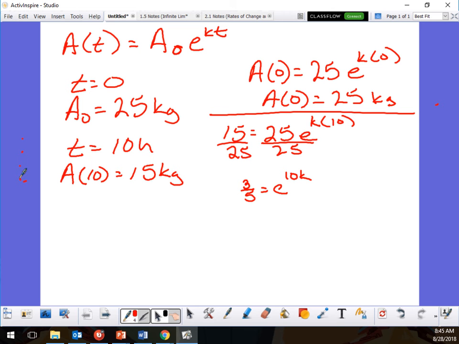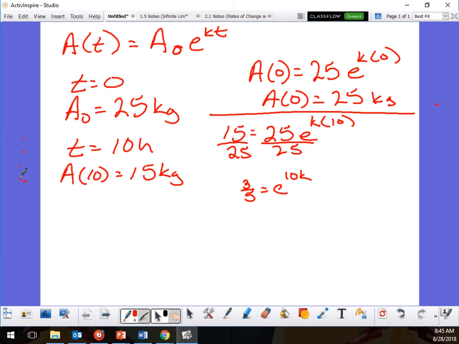What undoes a multiplication? Division. What undoes a subtraction? What undoes a square? A square root. In mathematical terms, everything will undo itself somehow. So what will undo an e? ln.